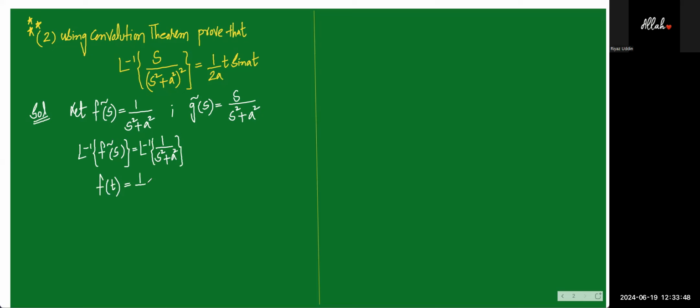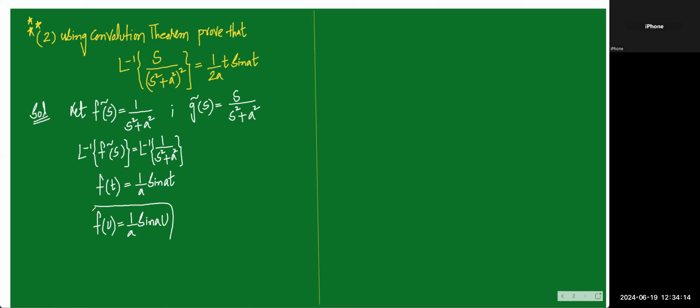According to the formula, this is 1 by a sin a t. You need to know the formulas of Laplace and also Laplace inverse, only then you can do this. This time replacing t with u, because we require this f of u value.